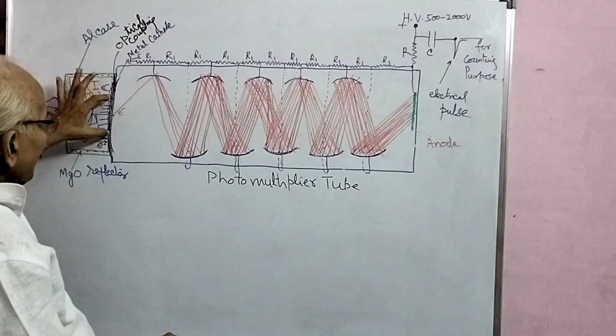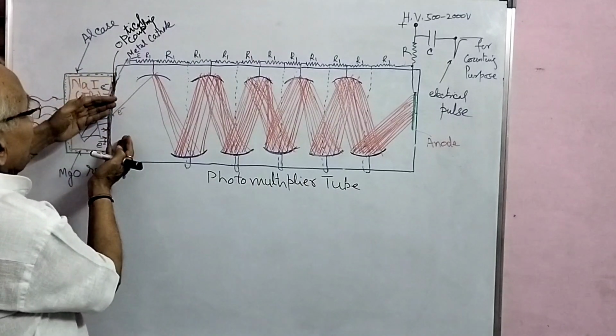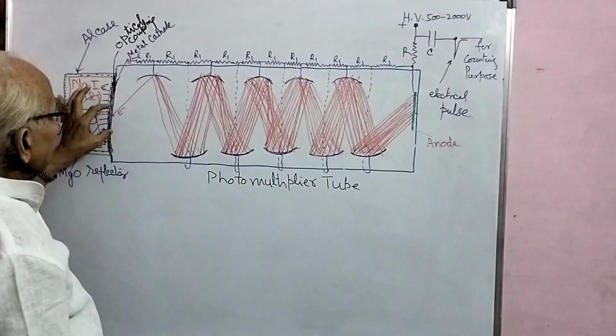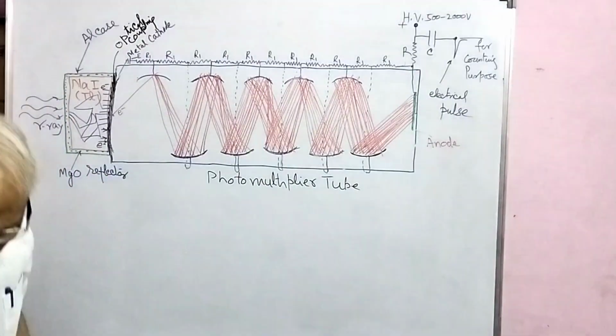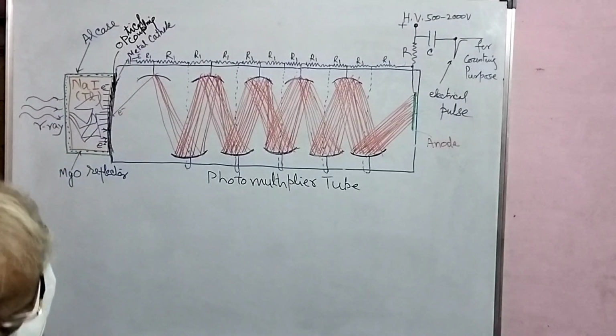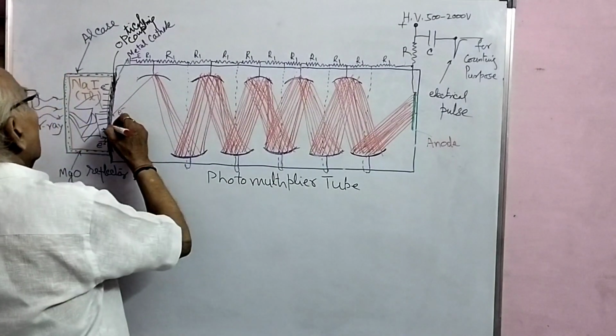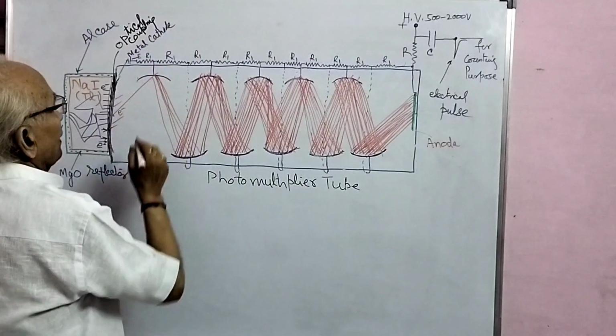Electrons are now emitted here, and this has a curvature so that these electrons are focused toward this side. I have shown only one, for example, but there are several electrons. You can say many electrons come out from here, and they are focused to this side.